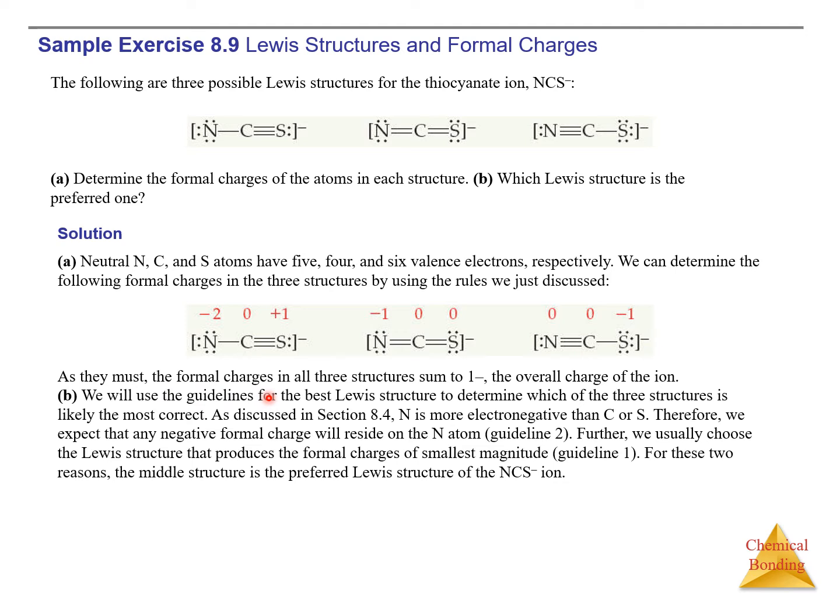As they must, the formal charges in all 3 structures sum to -1, the overall charge of the ion, -2 plus 1, -1. Now, determine which Lewis structure is the preferred one. We will use the guidelines for the best Lewis structure to determine which of the 3 structures is likely the most correct.